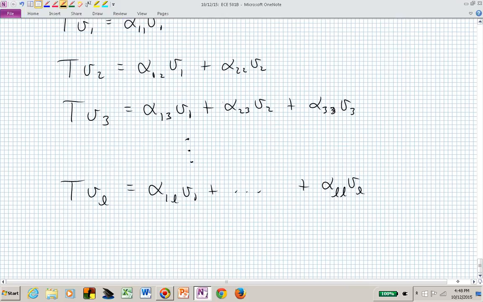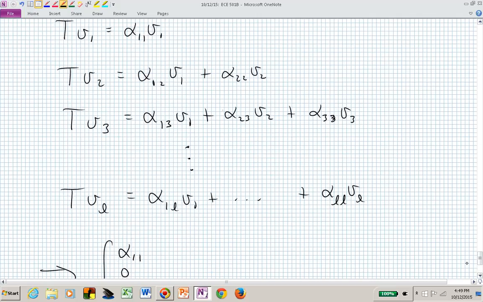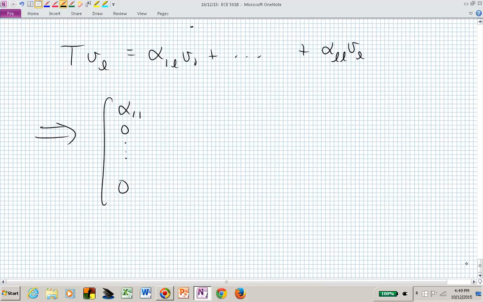And now we can just place those coefficients in the appropriate location in our matrix representation. We now know that the result of that is going to be alpha 1, 1 and zeros. The second column was alpha 1, 2 and alpha 2, 2, and nothing else.